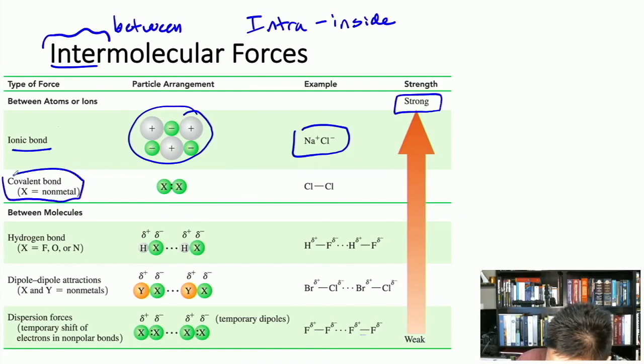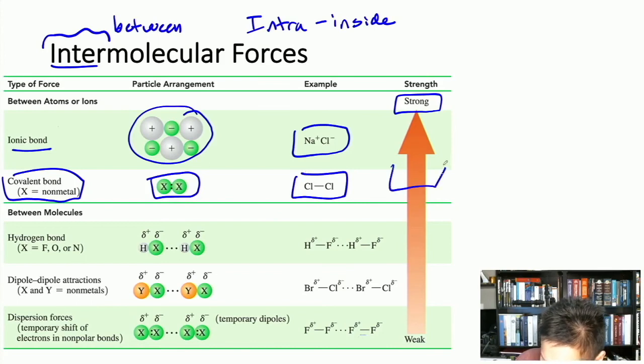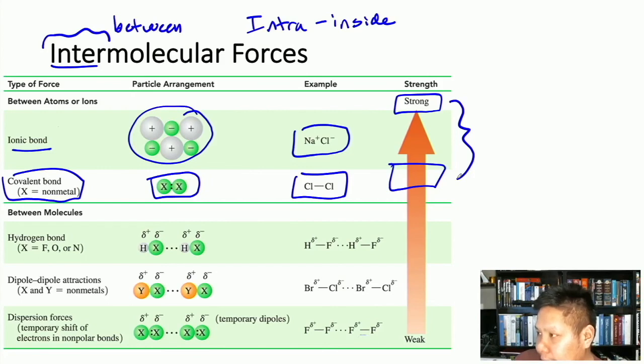Two nonmetals, right? A good example of that is two chlorines put together, also very strong. So they just have these two here to give you perspective or context into how strong each of these intermolecular forces are as compared to actual bonds. So don't confuse a bond with an intermolecular force, right?